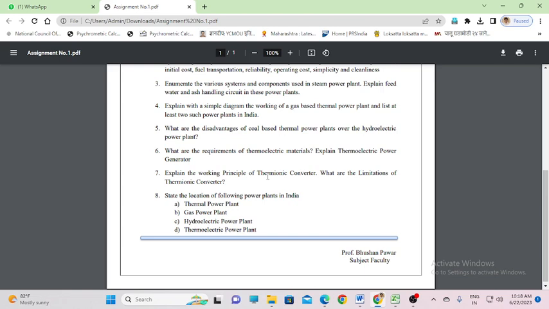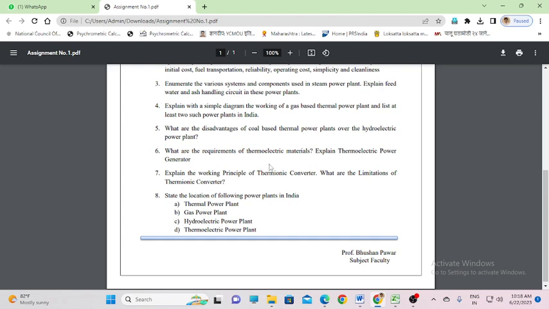Explain the function of each and every component mentioned in the layout of the steam power plant. Draw the feed water and ash handling circuit separately in the power plant and explain how the coal is handled, ash is prepared, and how water is supplied.